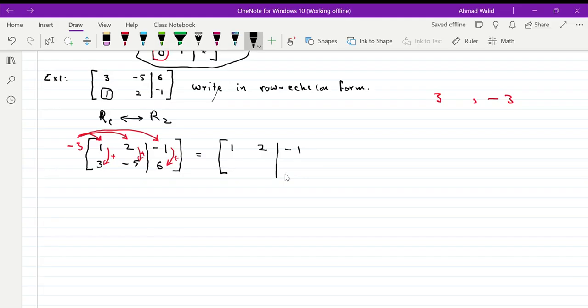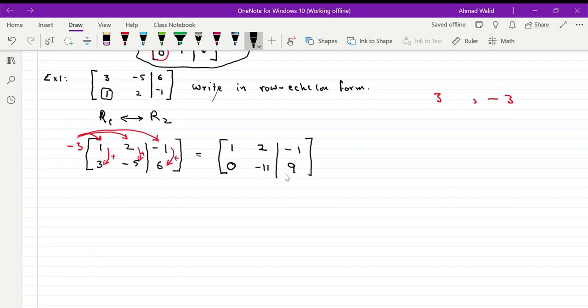Negative 3 times 1 gives me negative 3. Negative 3 plus 3 gives me a 0. Negative 3 times 2 gives me negative 6. Negative 6 and negative 5 gives me negative 11. Negative 3 times negative 1 gives me 3. 3 plus 6 gives me what? 9.